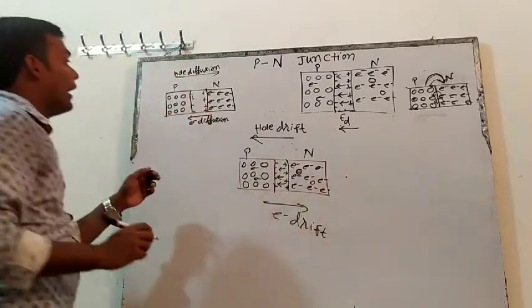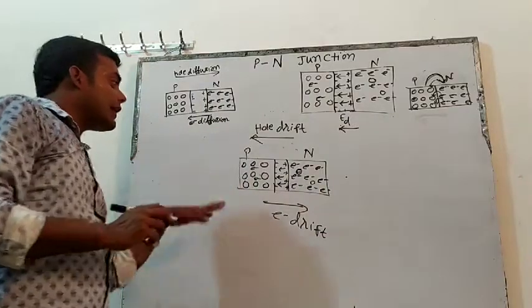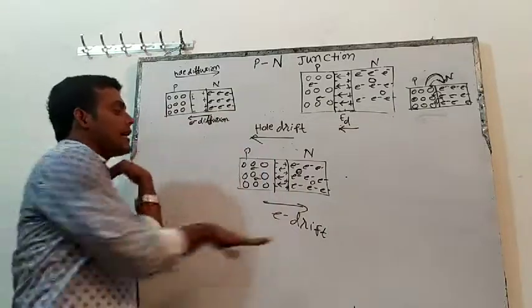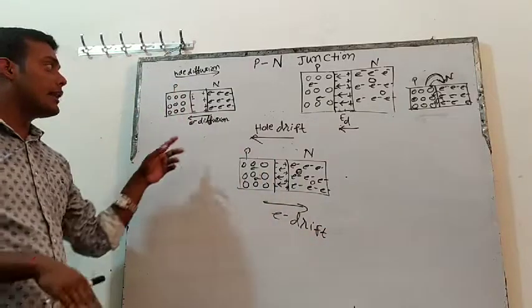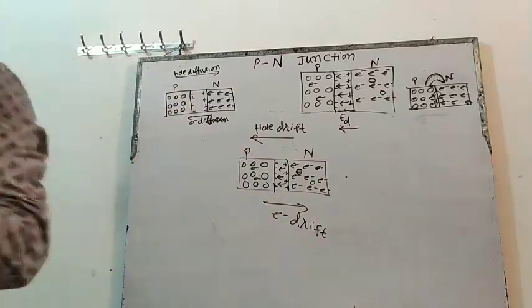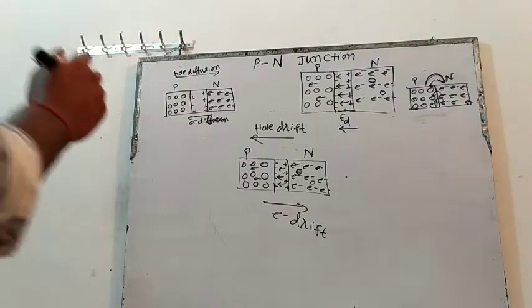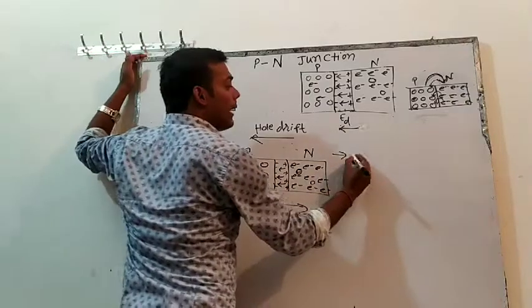Now understand this. Electron diffusion is in this direction and electron drift is in this direction. Opposite, no? So that means diffusion current and drift current directions will be opposite to each other. What is the concept? Diffusion current and drift current directions will be opposite to each other.